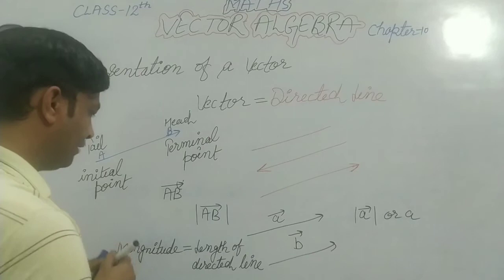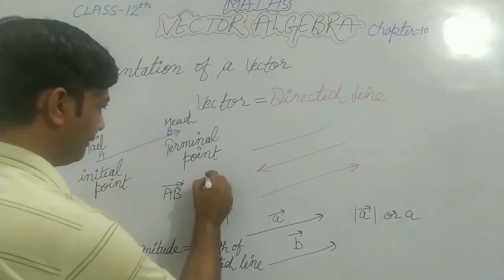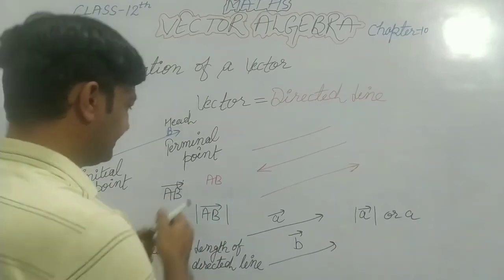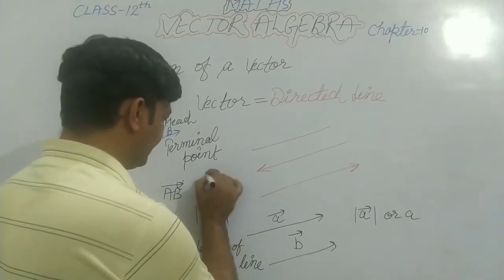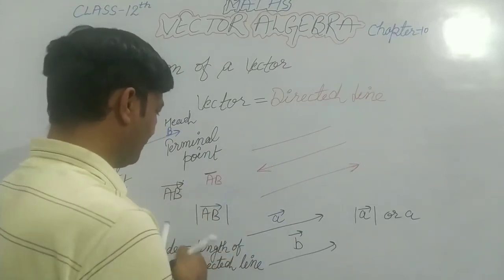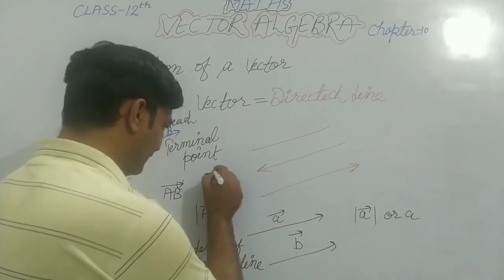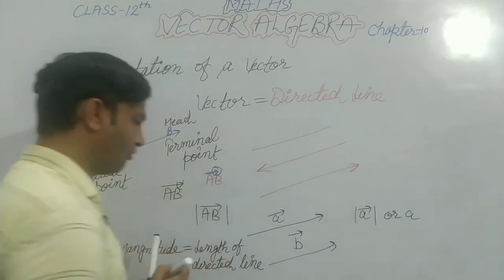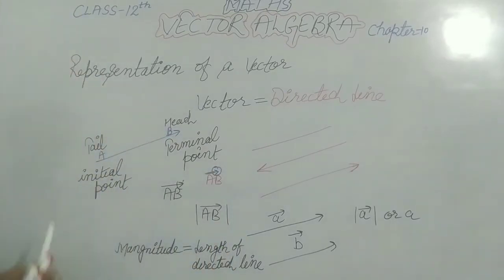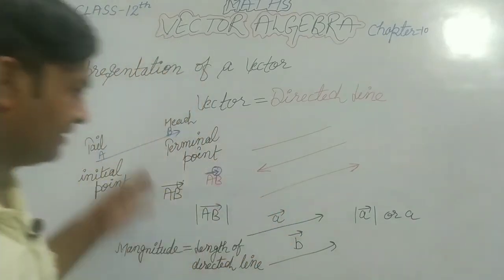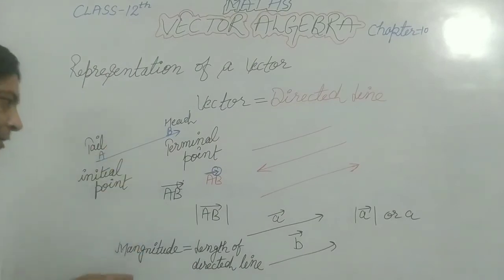If we write the AB vector, this arrow sign denotes direction, and this is the magnitude of any vector. So this is the simple way. More we cannot define it. This is the only easy representation of a vector.